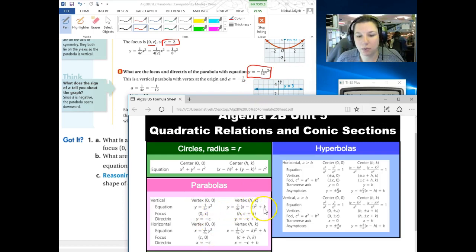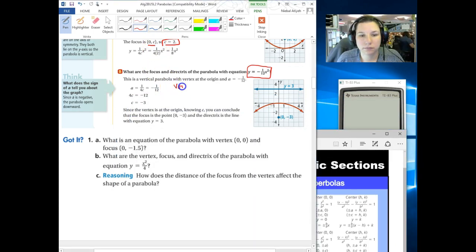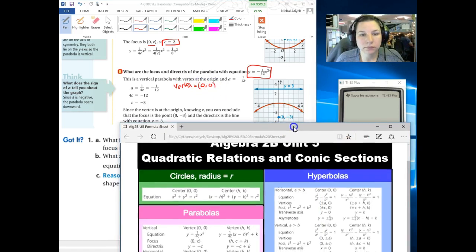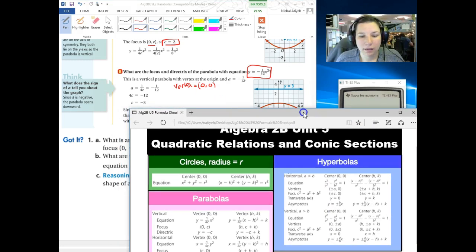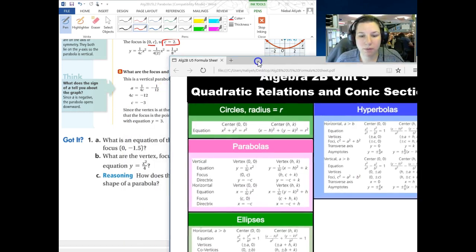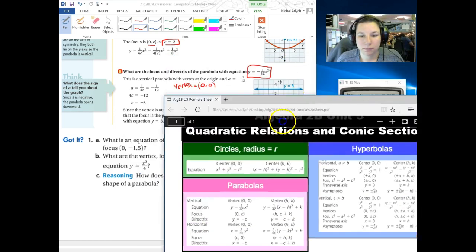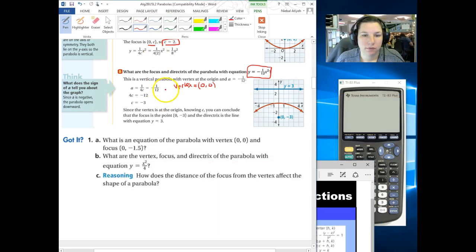So our vertex is at 0, 0, and our a is negative 1 over 12. From our formula sheet, when they're talking about a, they're talking about this 1 over 4c. So 1 over 4c equals negative 1 over 12. So we're solving for c.